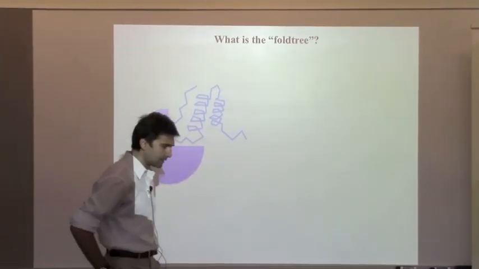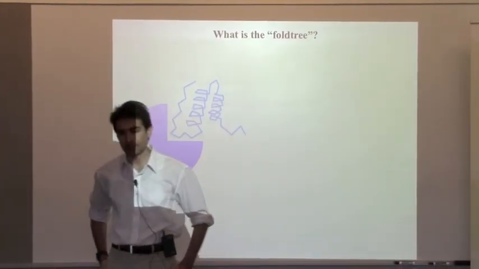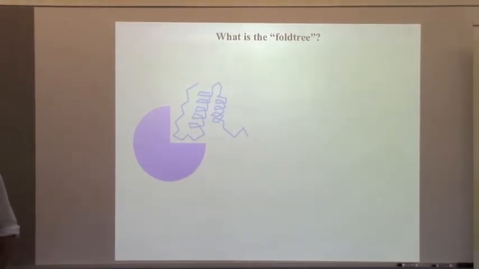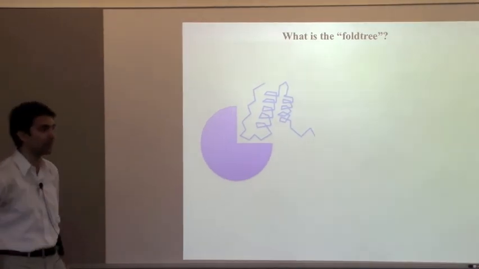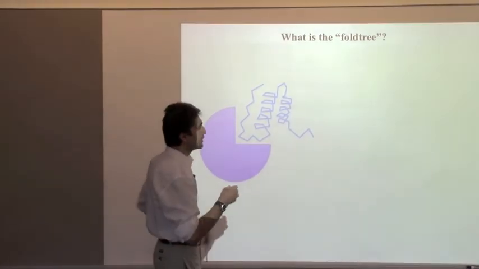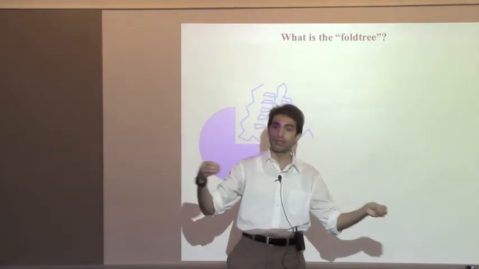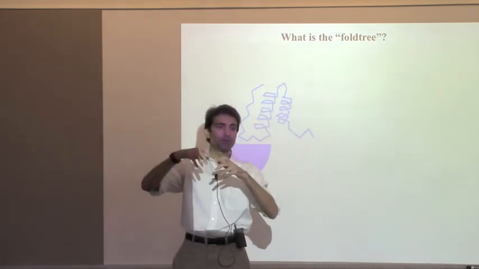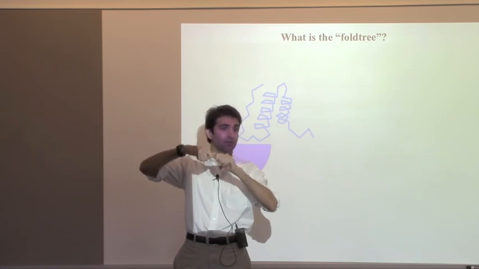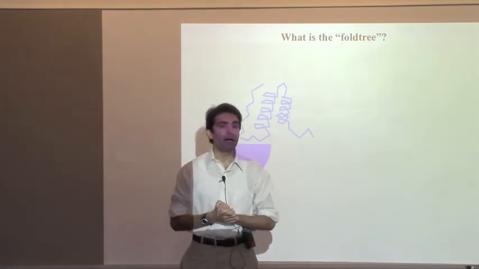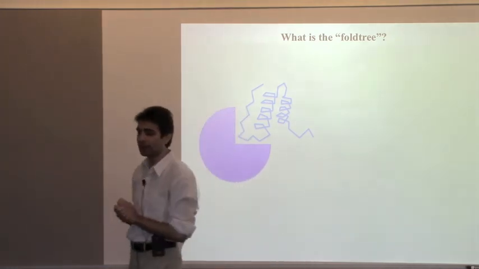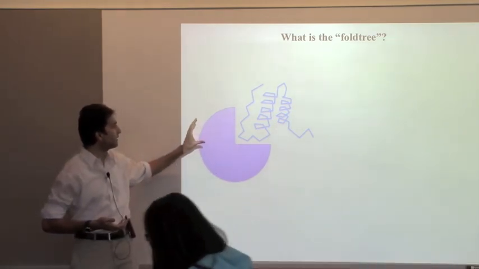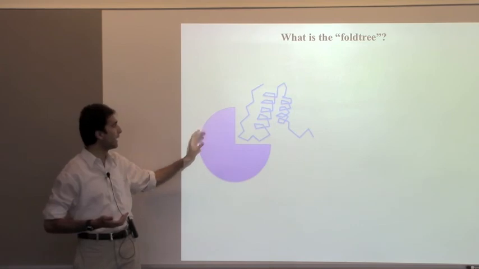So there are a bunch of concepts that are Rosetta specific that we need to cover. One of which is the fold tree. I told you that Rosetta handles chains of residues, and you can do things to those chains. You can torque around various torsion angles. That creates certain problems. Here's an example. Let's say you had a structure that had two chains.